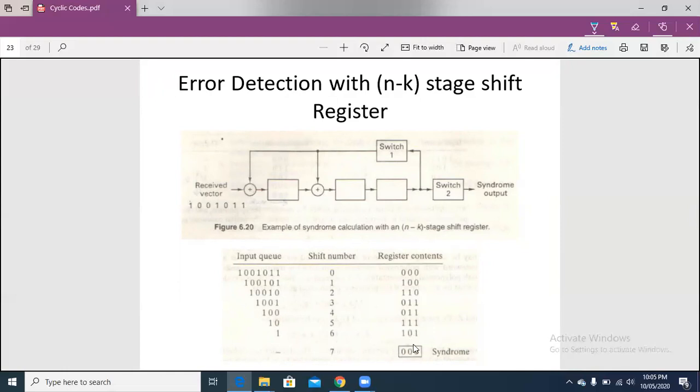If this is the correct code word, the value of the syndrome is 00. So you can practice this circuit by shifting the contents of the register and by making the exclusive OR operation correctly.